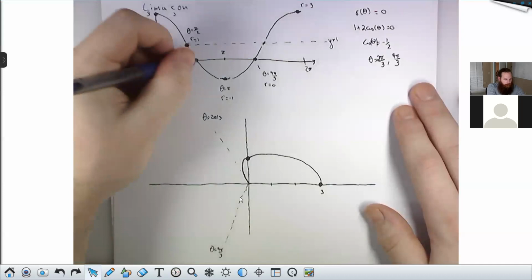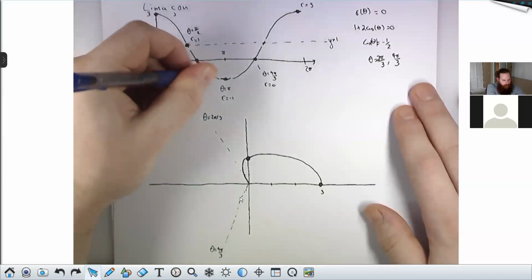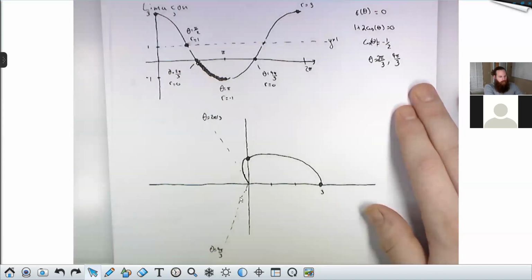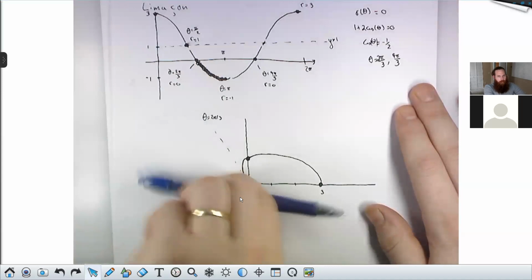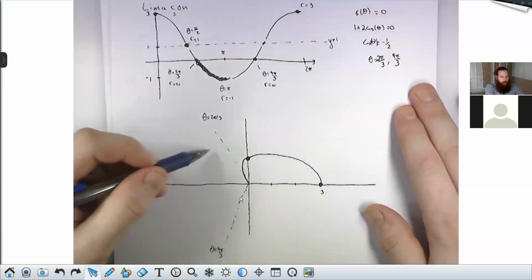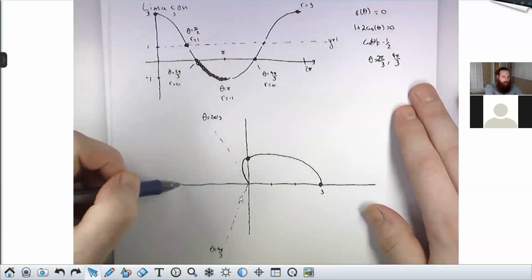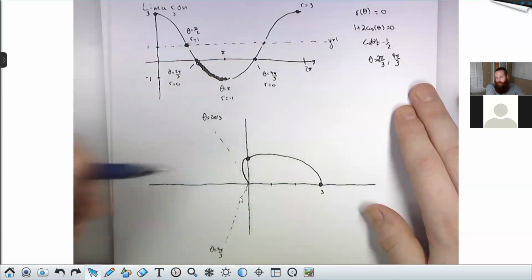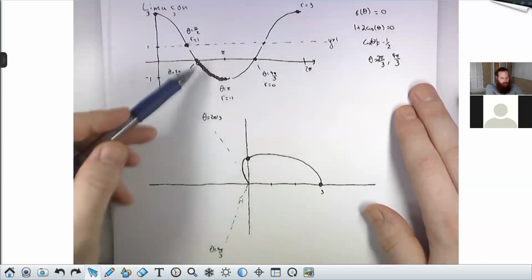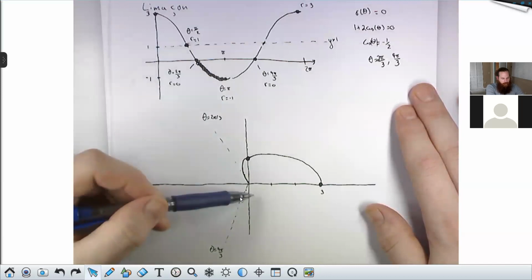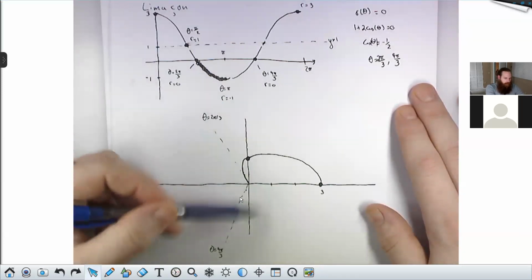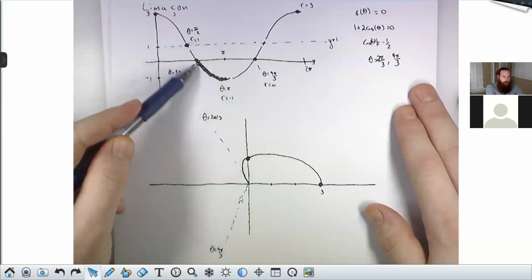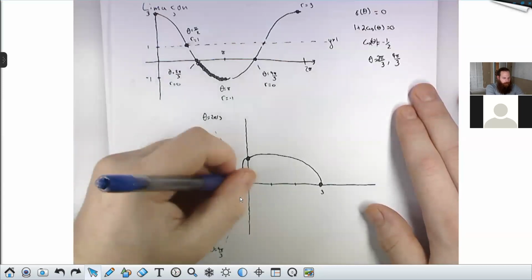As we poke just a little bit into this territory where r is negative, normally between 2 pi over 3 and pi, we would be drawing over here, because this is 2 pi over 3 and this is pi. If r were positive, we would be drawing over here during that. But we're not because r is negative. So instead, we'll be drawing in the symmetric region, which is down here. And what exactly happens? Well, r comes out from being 0. So we're going to be poking out from the origin.